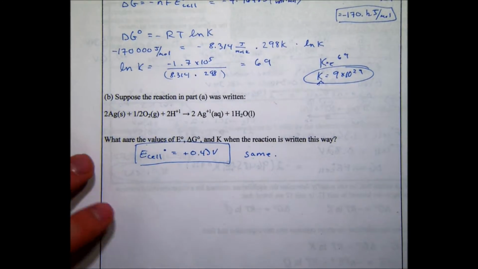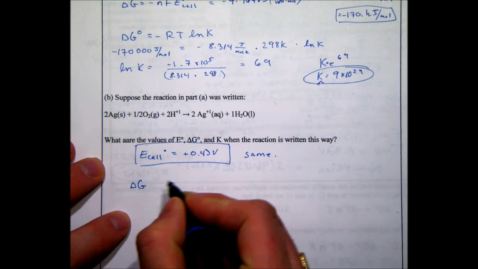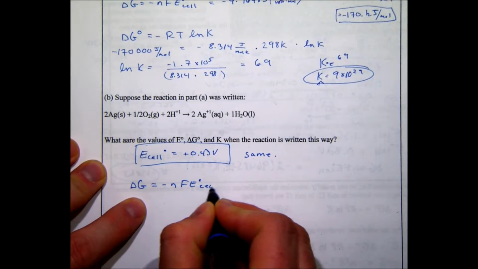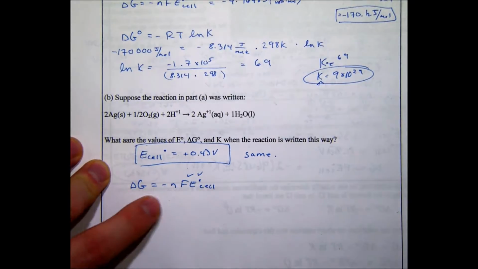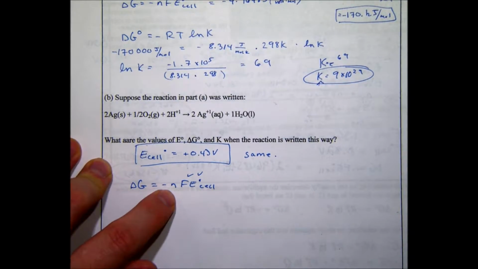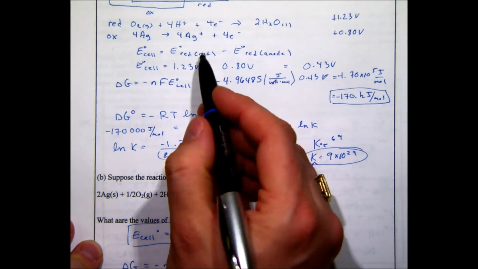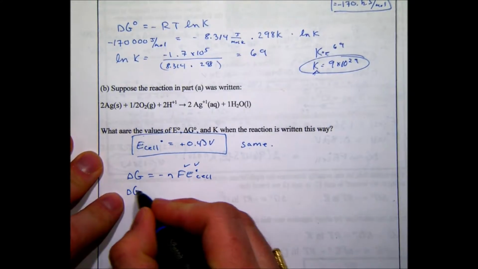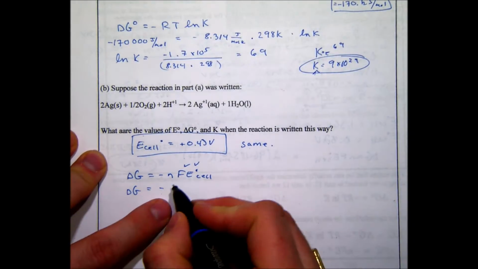Delta G is equal to negative NF Ecell. So that's the same and that's the same. We look at N as the only other thing that could change. Well, if I cut these variables in half, instead of 4 electrons, I'm going to only have 2. So it looks like delta G will change by a factor of 2.